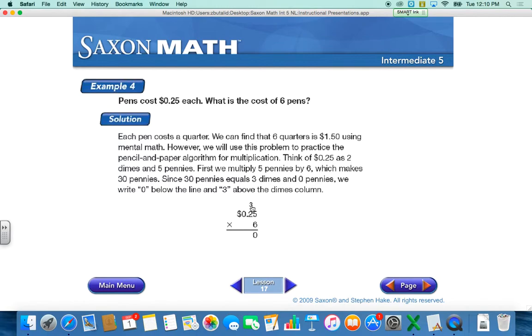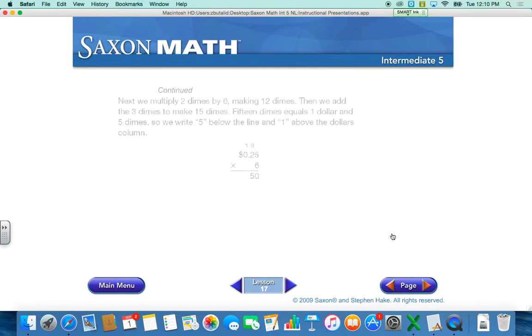Bring down the 0 and put the 3 up on top of the 2 to regroup it. Next, 6 times 2 is 12, plus 3 is 15. So you bring down the 5 and regroup the 1.